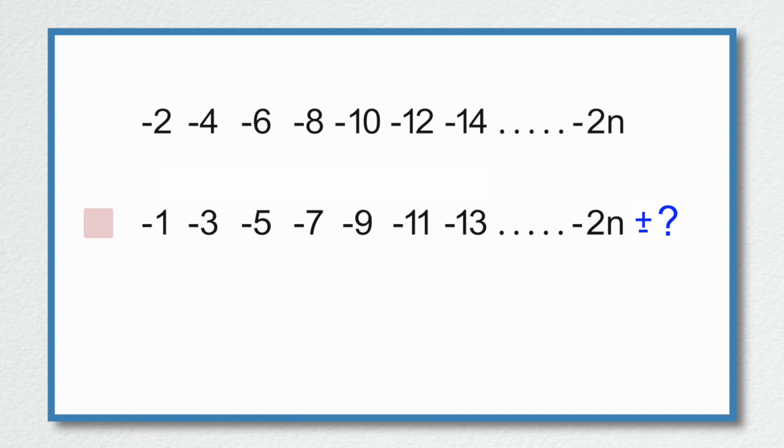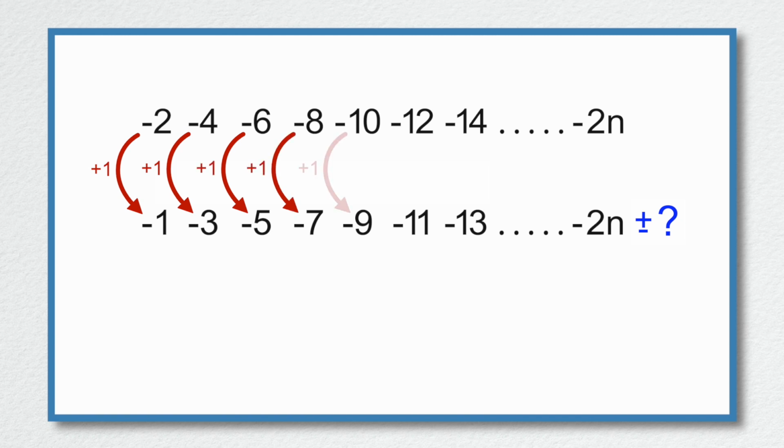Looking at the first term, to get from -2 to -1, we have to add 1. Looking at the second term, to get from -4 to -3, we have to add 1. Looking at the next term, to get from -6 to -5, we have to add 1. So it looks like we're having to add 1 each time to get from this sequence to this sequence. So for our nth term, this is going to be -2n add 1.